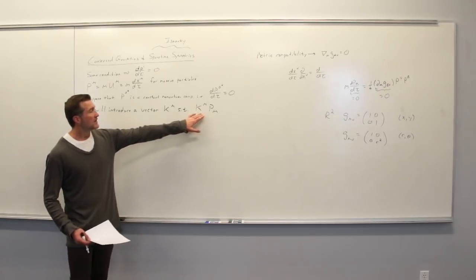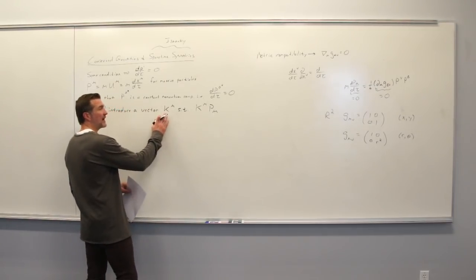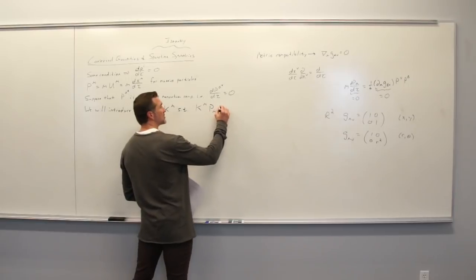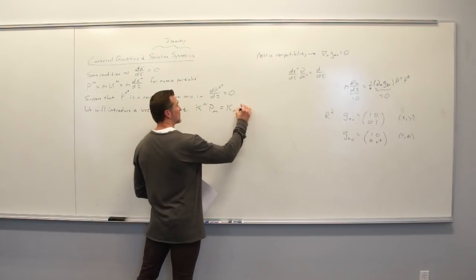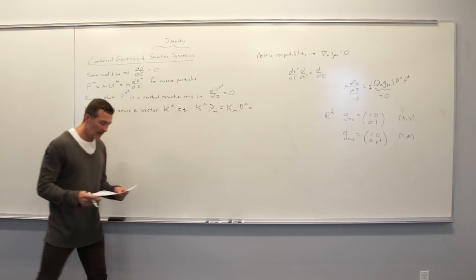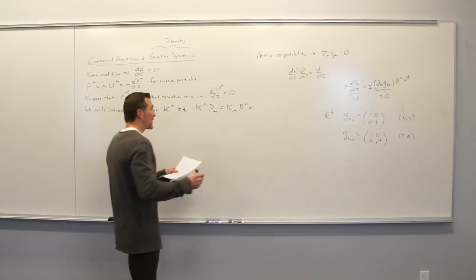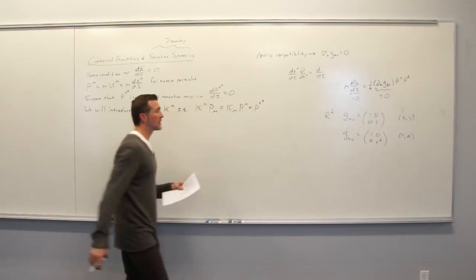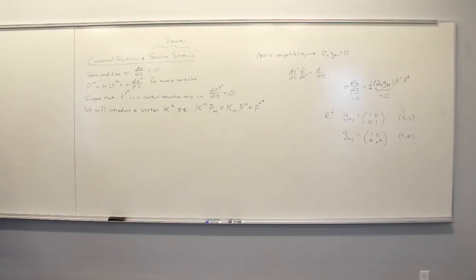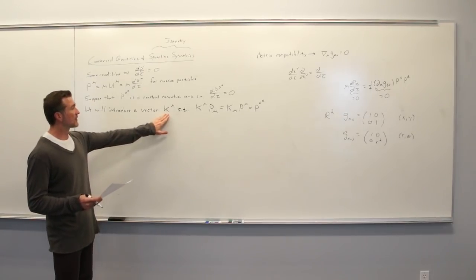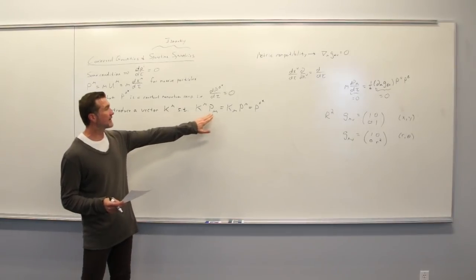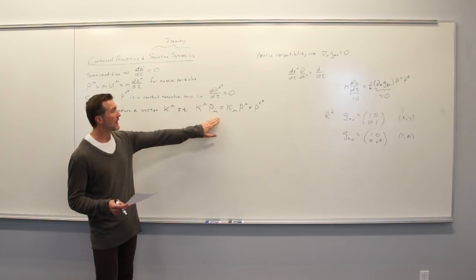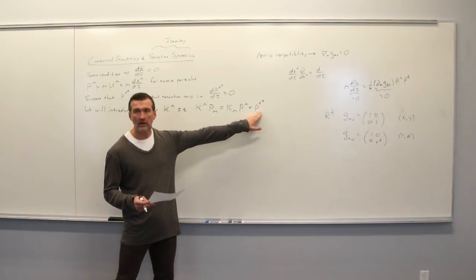So I want to define a vector k mu such that this combination, which by the way is automatically equal to that combination, I can write it either way, is the quantity p sigma star. So taking this particular vector, contracting it with this vector, is just going to grab one of the components.